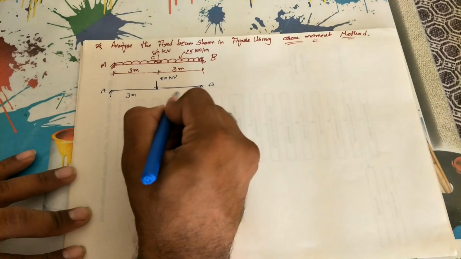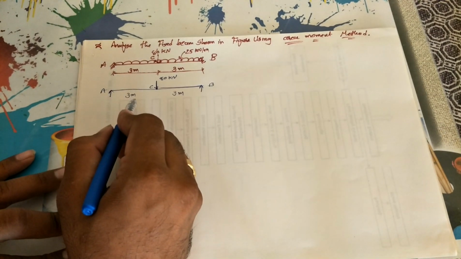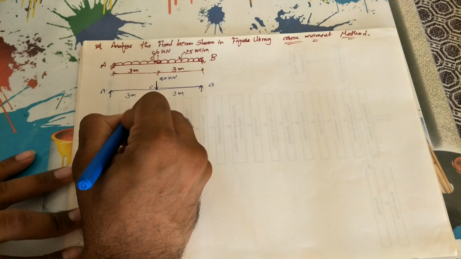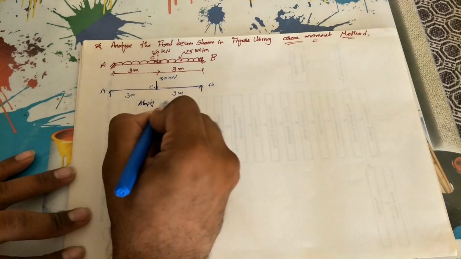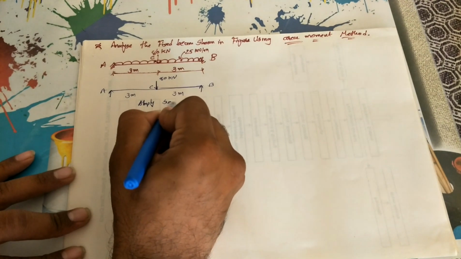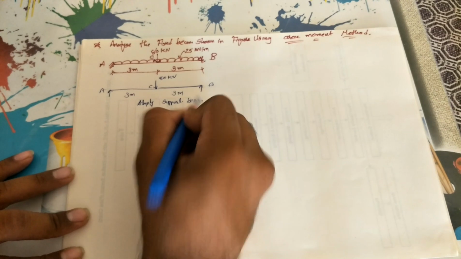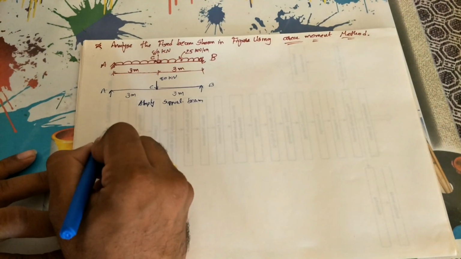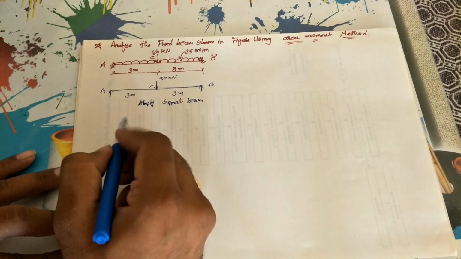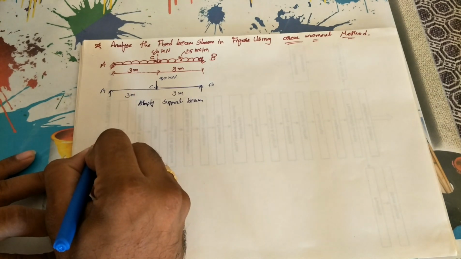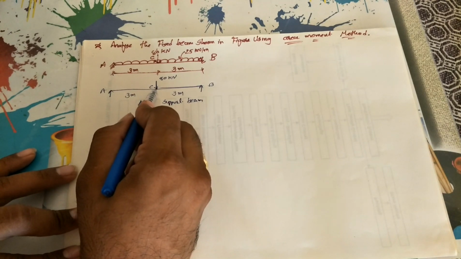This is my point load 80 kilonewton, with 3 meter distance each. This is C point, and this is your simply supported beam with point load. For a simply supported beam with point load at center, the moment at center is WL by 4.